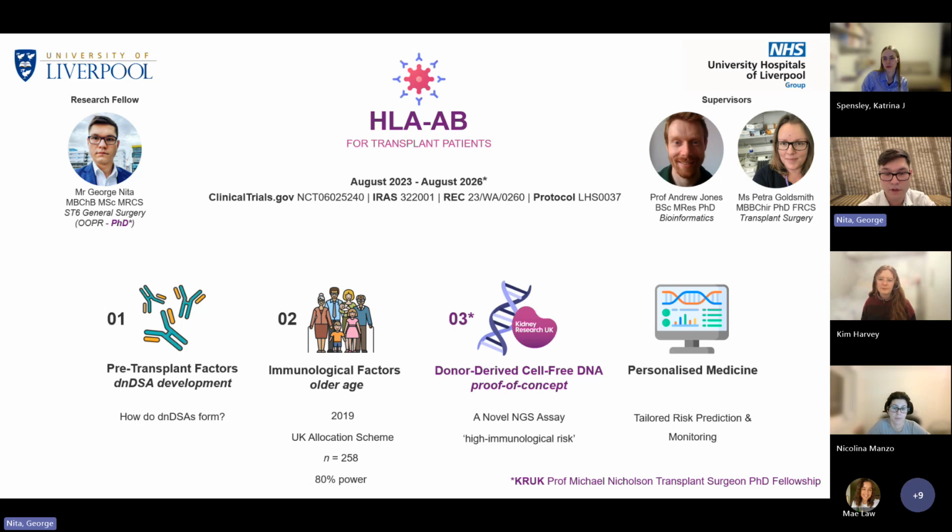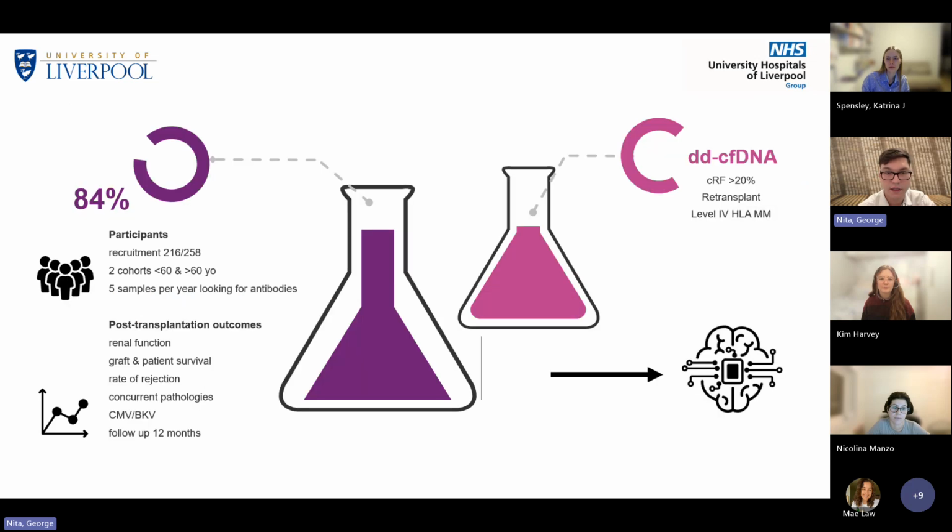And together with our colleagues from the University of Liverpool, from the computational biology facility, we want to try and develop a tool to re-stratify our patients in terms of their risk for rejection, and see whether we can improve the monitoring and get rid of this blanket approach that we do nowadays in most of the units.